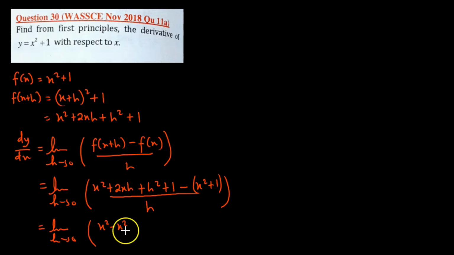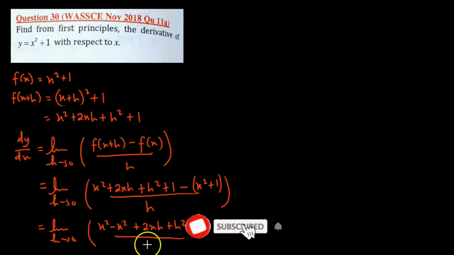I'm regrouping at the same time. And then I also have plus 2xh plus h squared plus 1 and then minus 1. So I've actually done two things at the same time. I've expanded, simplified, and regrouped so that like terms can be done away with. Then we have all divided by h.